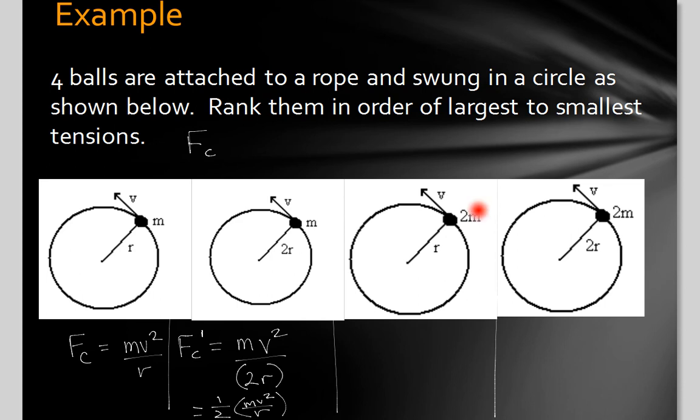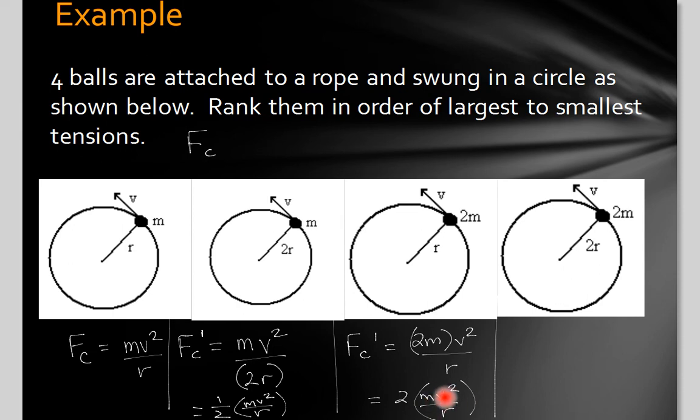What happens if you double the mass? So Fc prime would be twice the mass, v squared over r. If you slide the 2 out in front, then you can see that it's going to be 2 times the original force.